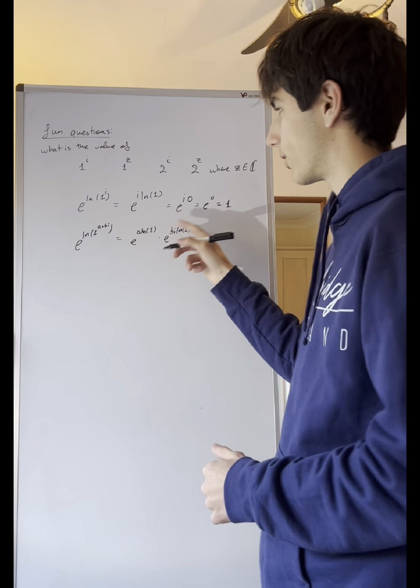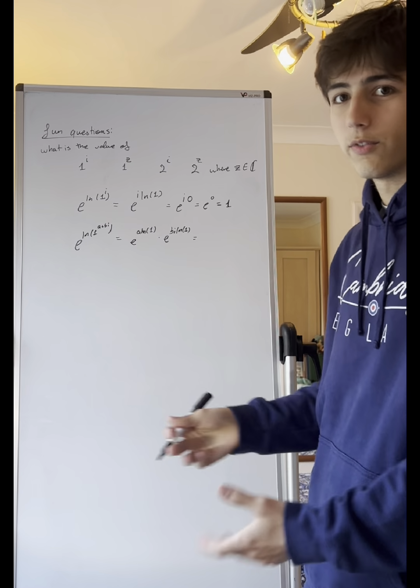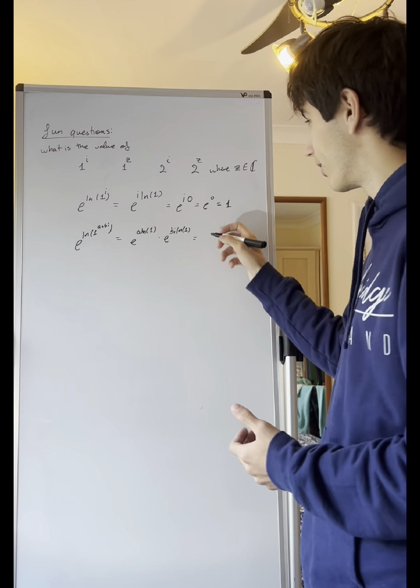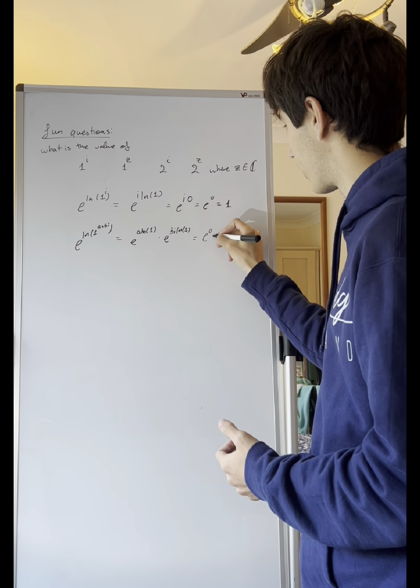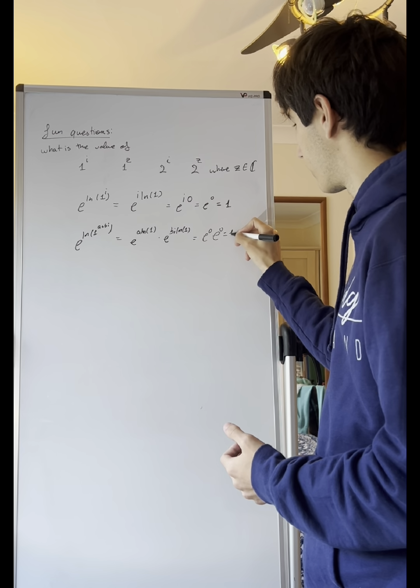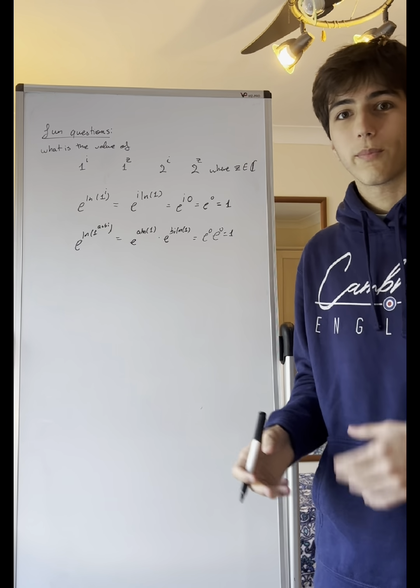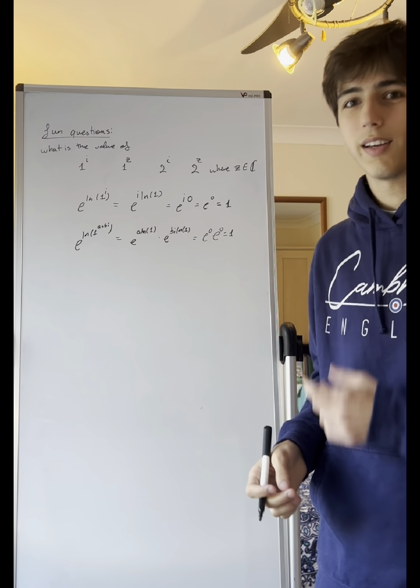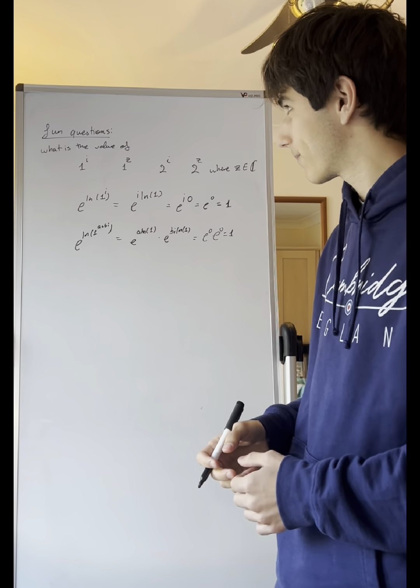And this just becomes, with the same reason that ln of 1 is 0, e to the 0 times e to the 0, or 1. So yeah, 1 raised to anything is 1 even with complex numbers.